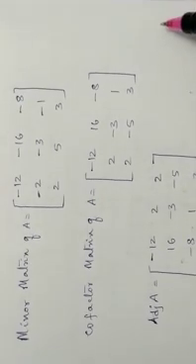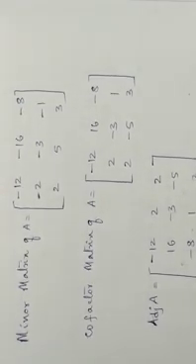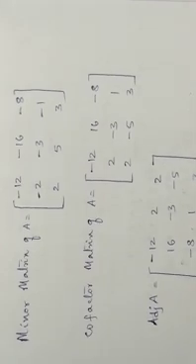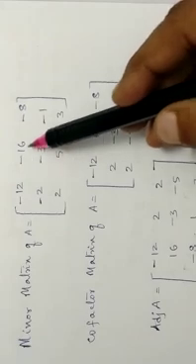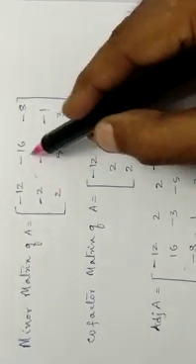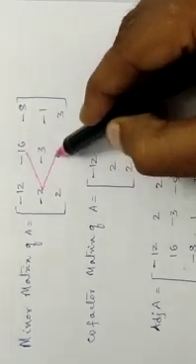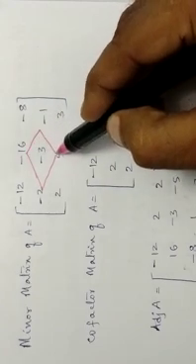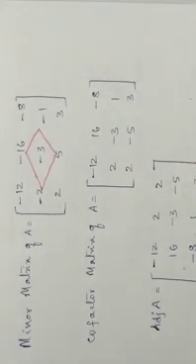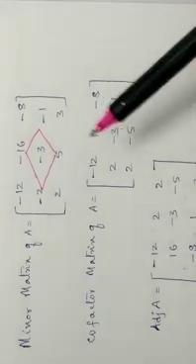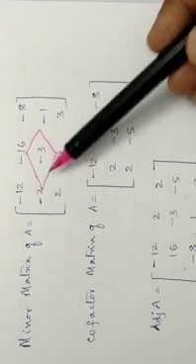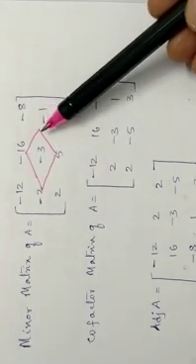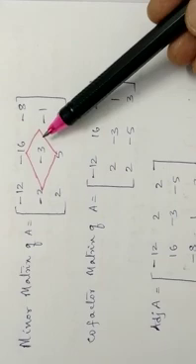Now, the cofactor matrix. How to write the cofactor matrix from the minor matrix? The diamond shaped elements, the elements in these four places, are changed with their sign. The rest of the elements remain as they are.